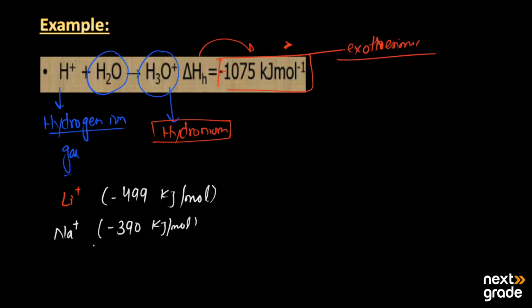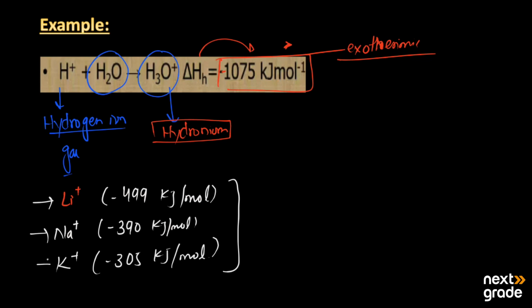And if we add potassium ions, then minus 305 kilojoule per mole of energy will be released. So these are some examples when we add lithium, sodium and potassium ions, as the energy is released because the water molecules surround these ions. So this energy is known as hydration energy.